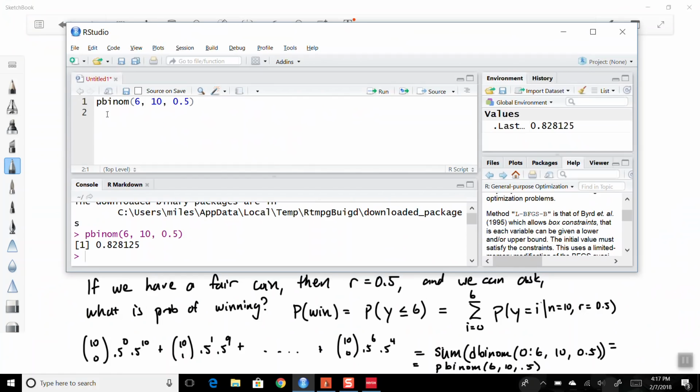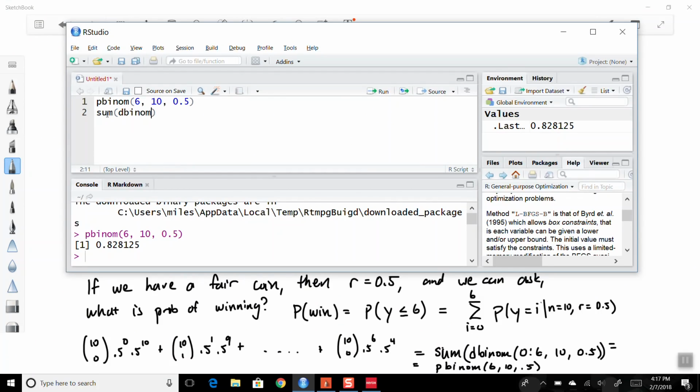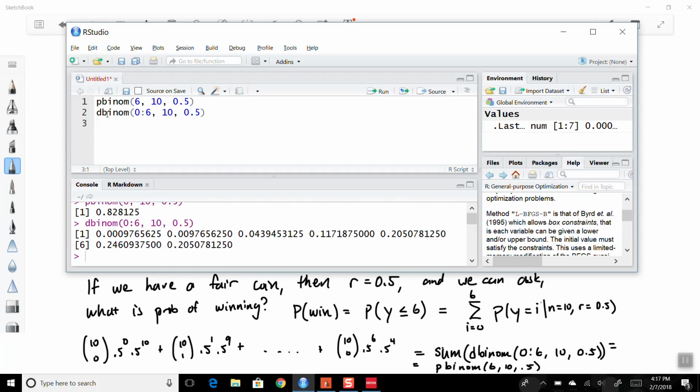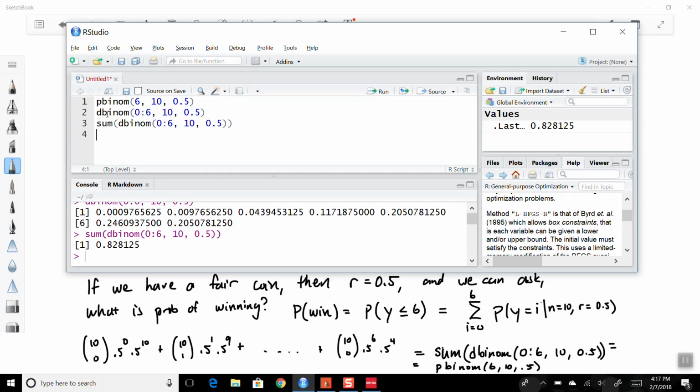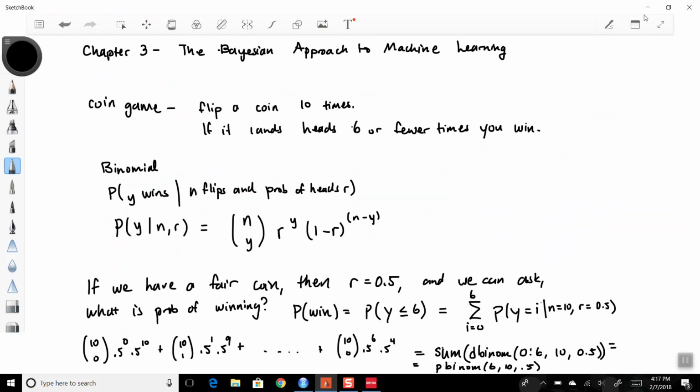Okay, and we get 0.828, or I could do the sum of dbinom. Well, first of all, I'll just show you what dbinom 0 through 6, 10, 0.5 is. So that's a vector of 7 numbers, and then I could just feed that into sum. Okay, and we get 83%. So if it's a fair coin, there's a 83% chance of a win, something around there.